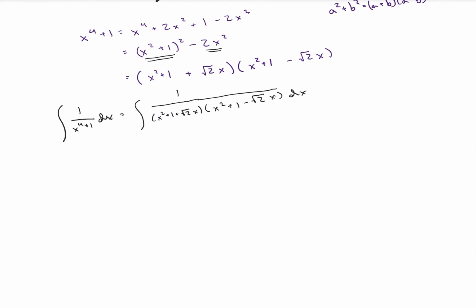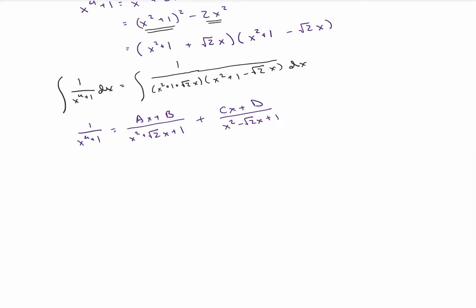So if I want to break this up, 1 over x to the fourth plus 1 is equal to ax plus b over x squared plus root 2x plus 1, plus cx plus d over x squared minus root 2x plus 1.